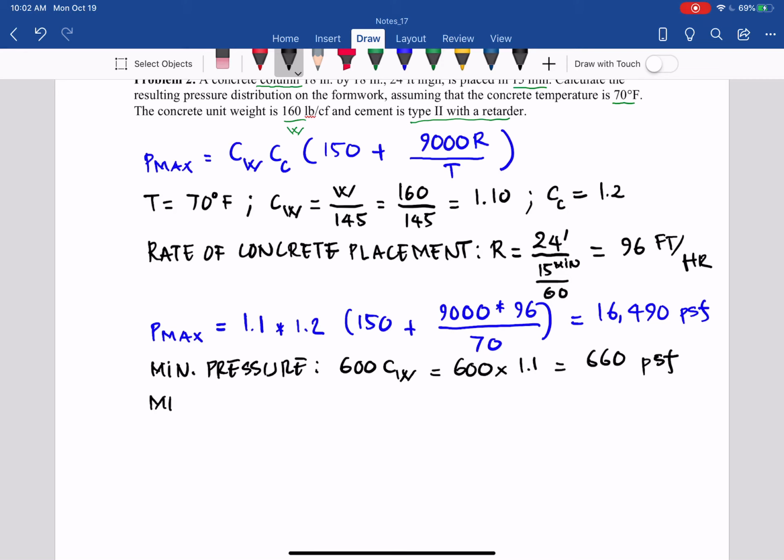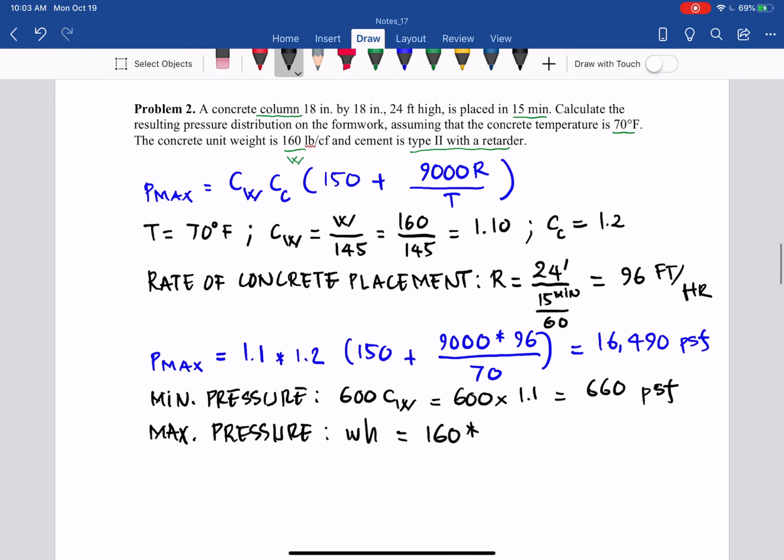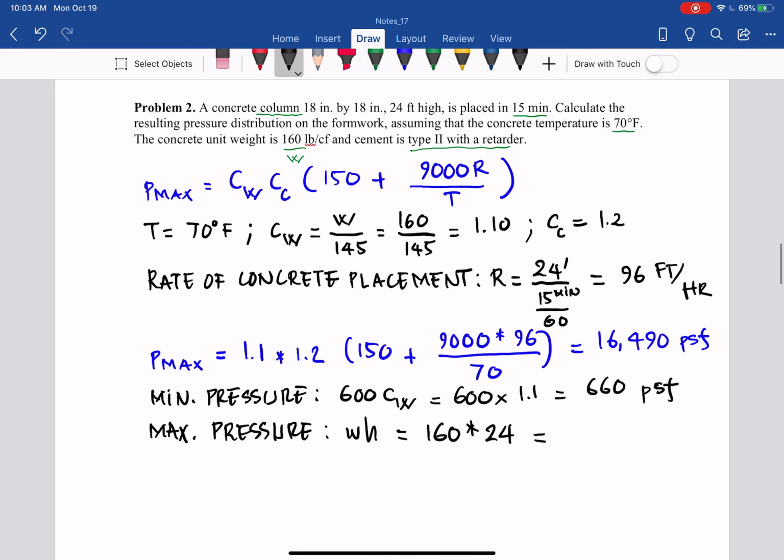And then it has to be less than or equal to the maximum pressure. The maximum pressure equals W times H, that is 160 for the unit weight times 24 for the height of the column, equal to 3,840 pounds per square foot.